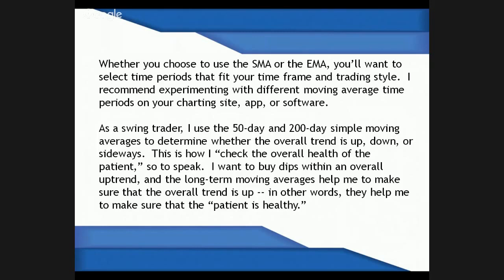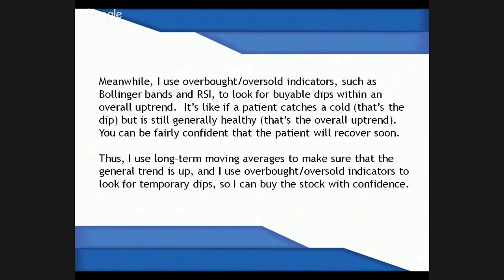I want to buy dips within an overall uptrend, and the long-term moving averages help me to make sure that the overall trend is up. In other words, they help me to make sure that the patient is healthy. Meanwhile, I use overbought, oversold indicators, such as Bollinger Bands and RSI, to look for buyable dips within an overall uptrend.